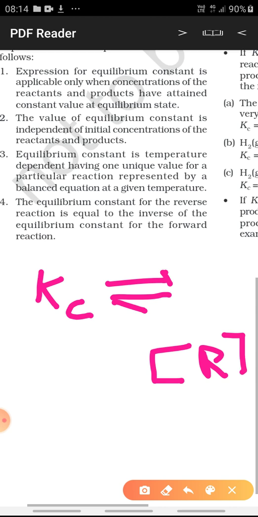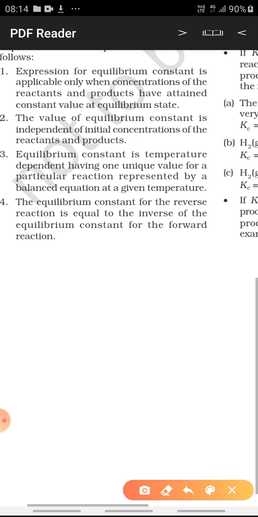Whatever be the initial concentration of the reactant, the value will be definite. Third, every reaction has a particular value of Kc, but for a particular reaction the value of Kc changes with temperature.